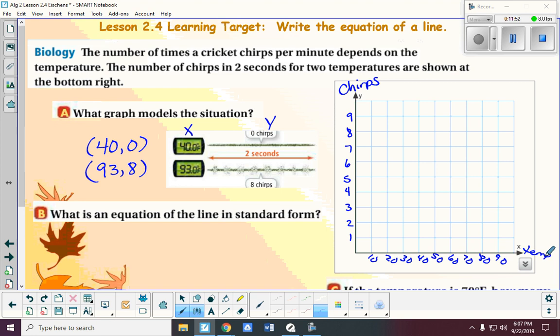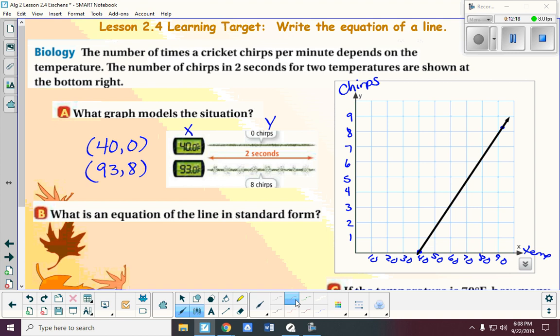So when it was 40 degrees, there were 0 chirps. And when it was 93 degrees, there were 8. So we'll go up to 8 right about here. It would be somewhere in there. So we're kind of ballparking it here. And then we want to draw a nice straight line. So I'll use the tool to do that. There we go. Somewhere in there.